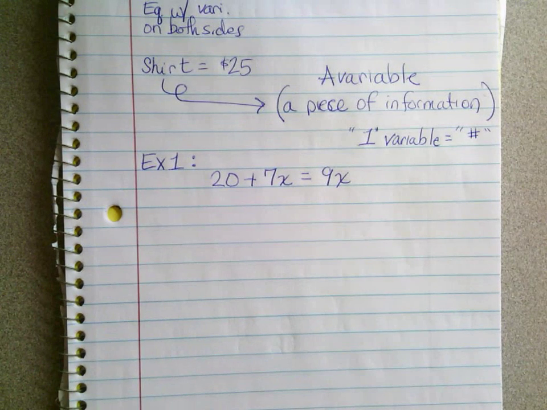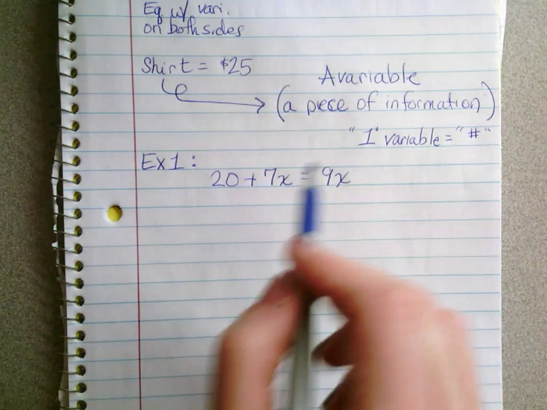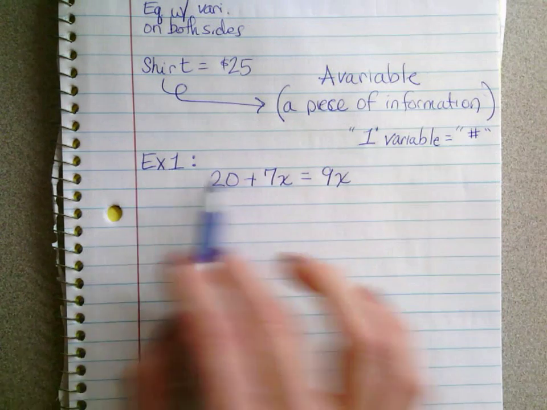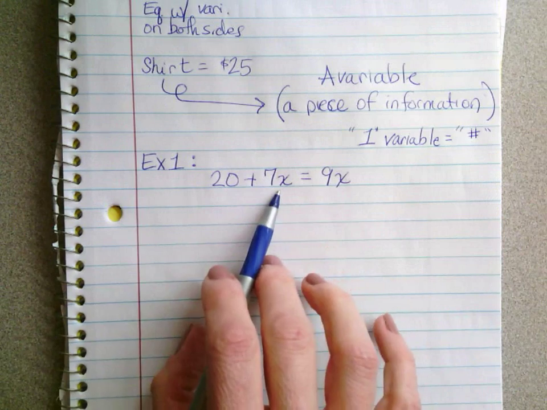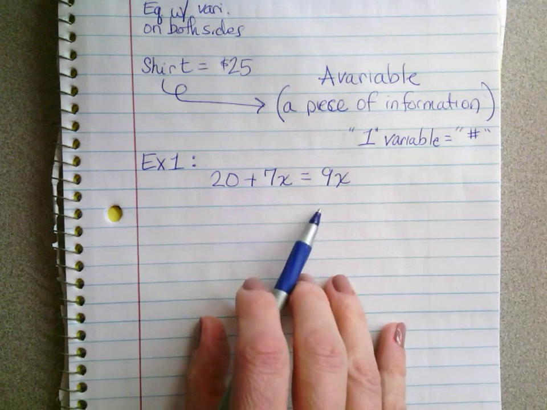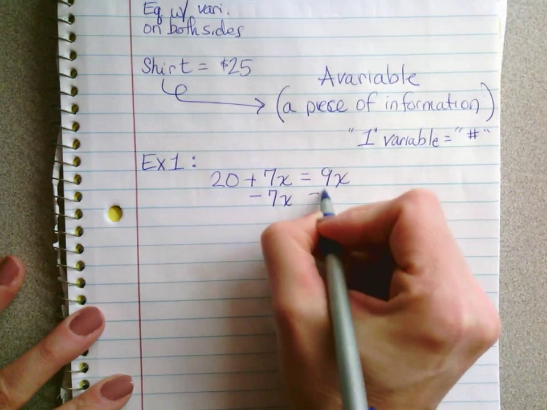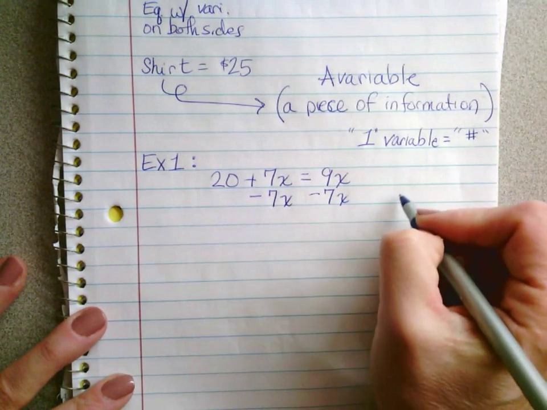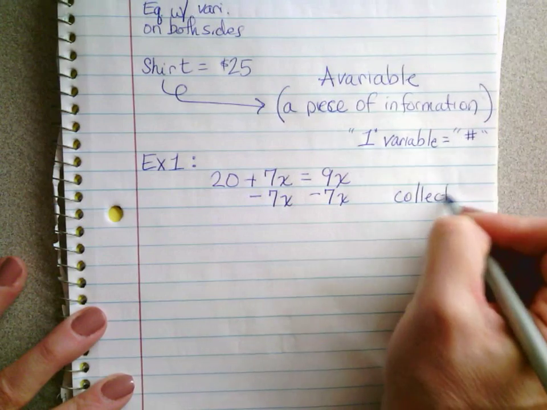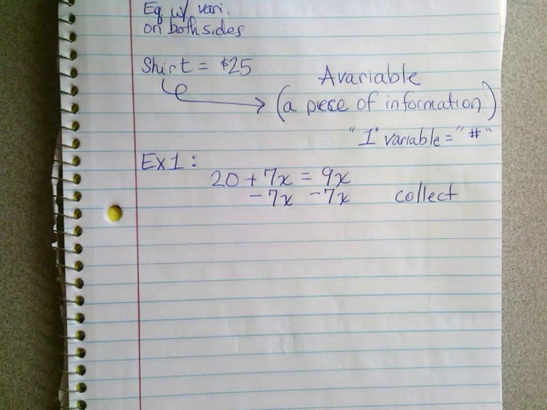Some variable equals a number, 1 of that variable. And to do that, you gradually have to change or rewrite the equation until you get to that spot. Right now, I have 20 plus 7 of them is 9 of them. So my first step is going to be collecting my thems, my variables, on one side. Collecting like terms. You guys remember that, right?